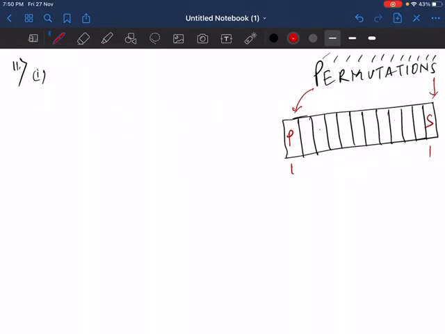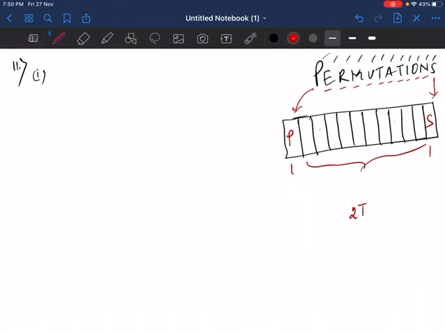Now what about the remaining compartments? Now the question comes. The question number 11, permutation. What are the remaining elements? E, R, M, U, T, A, T, I, O, N. So I will see how many repeated alphabets are there. If I look carefully, I have two T's.